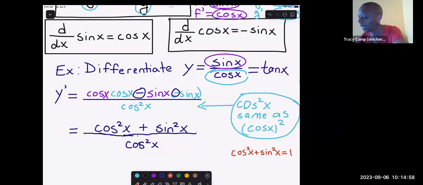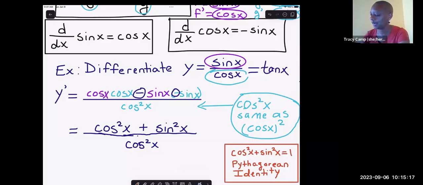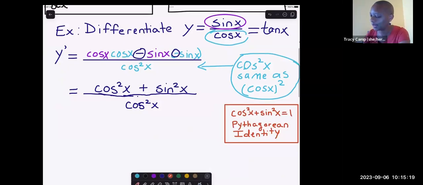This is called the Pythagorean identity from trigonometry. And so using that Pythagorean identity, all of this is actually equal to 1 over cosine squared x.